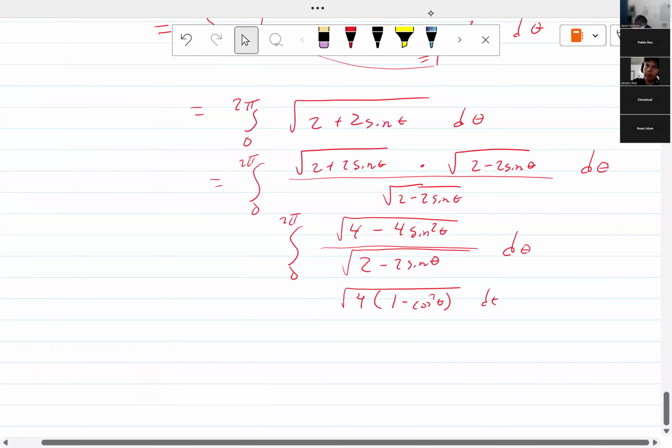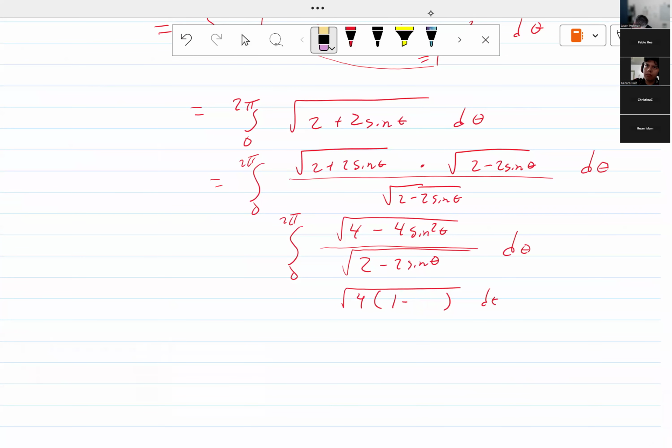Sorry, this is sine again, sine squared theta, just thinking ahead to the next step. And this is 2 minus 2 sine theta on the bottom. This becomes 1 minus sine squared theta, which is cosine squared from our Pythagorean identity, so 4 times cosine squared theta, square root, d theta.